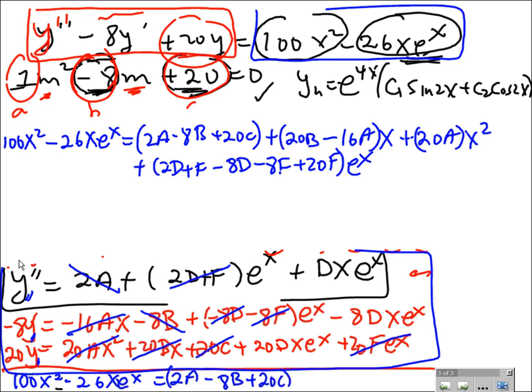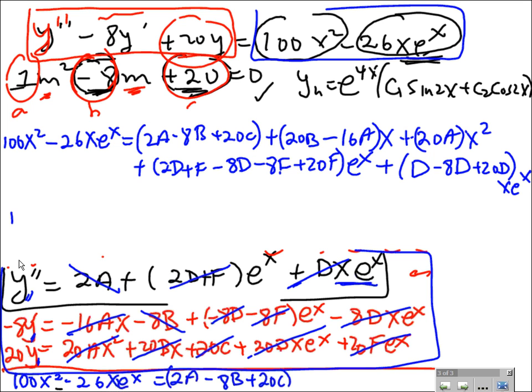That's how many e to the x's I have. Now, how many x e to the x's do I have? Well, I have plus d of them, and I'm taking away 8d of them, and then I'm adding back 20d's of x e to the x.